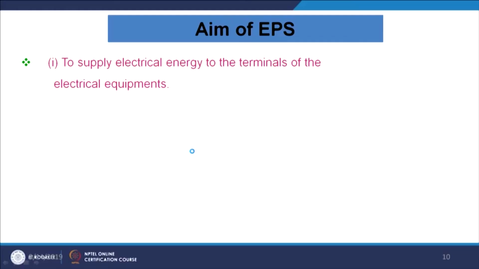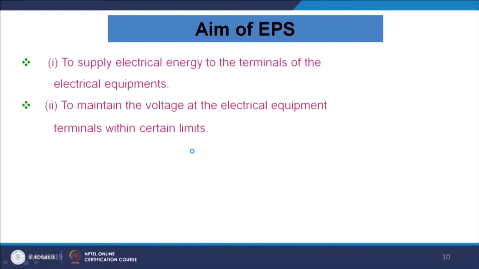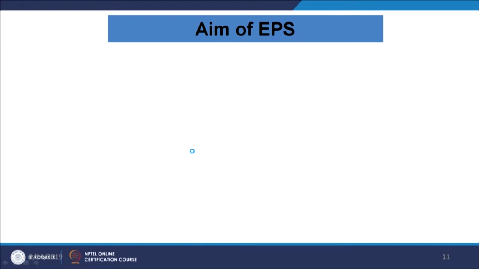The aim of the electric power supply, that is, your utility, is to supply electric energy to the terminals of the electrical equipment, which is the role of the grid, and to maintain the voltage at the equipment terminal within a certain limit.